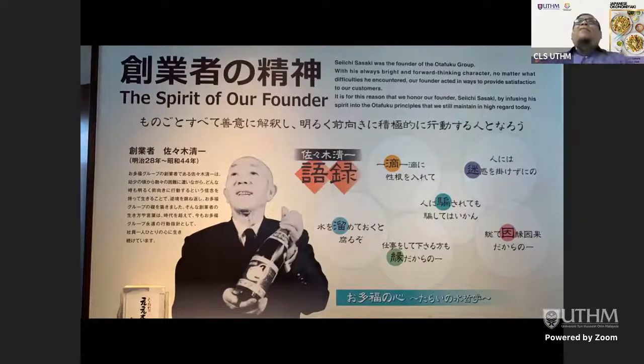Okay, I would like to share the Otafuku sauce company philosophy. This is the owner, or the founder, of Otafuku okonomiyaki sauce. His name is Sasaki. This is a very old company, a 100-year-old company.